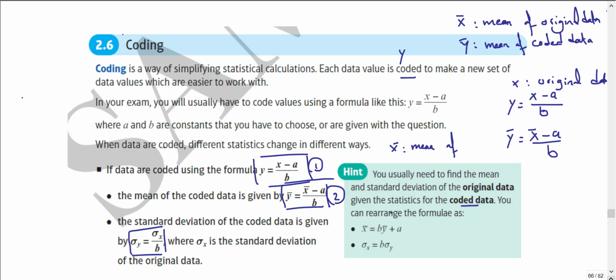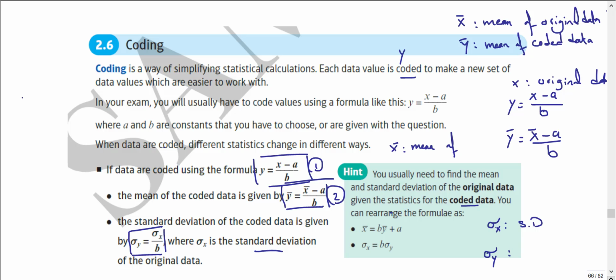Can you explain the third one? We know from before sigma. What is sigma? In the last lesson we took sigma, which is the standard deviation, SD. Here we have sigma x and sigma y.